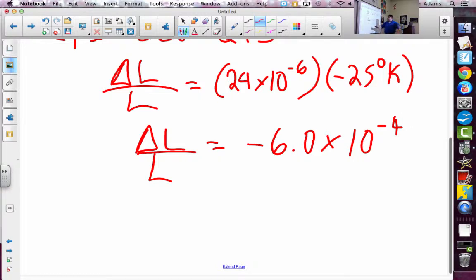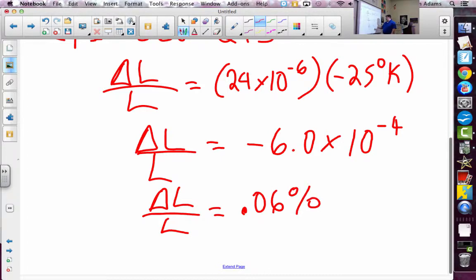Now, if you convert that to a percentage, you get delta L over L is equal to negative 0.06%, I think. Right?